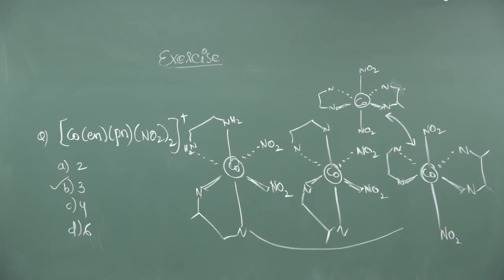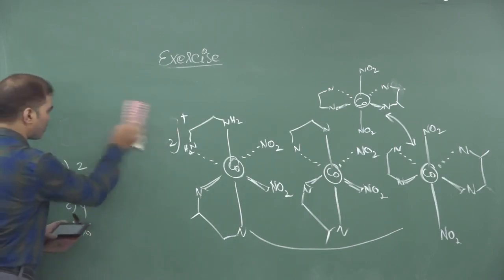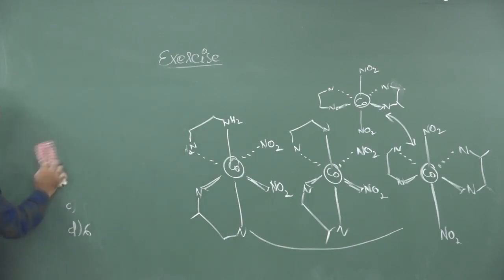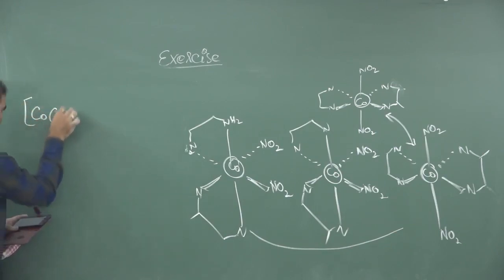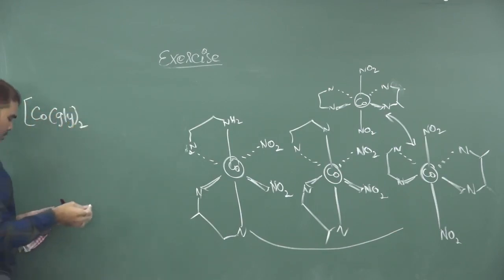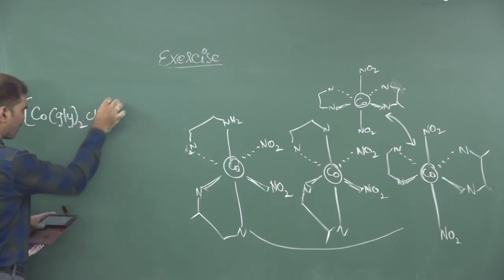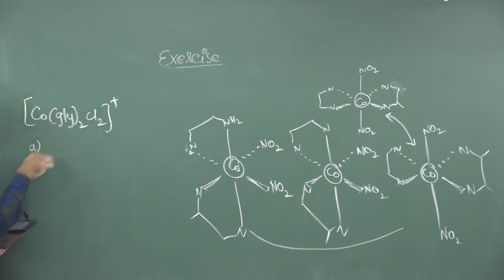The number of geometrical isomers for the complex: take down the complex with glycinato taken twice, Cl taken twice.